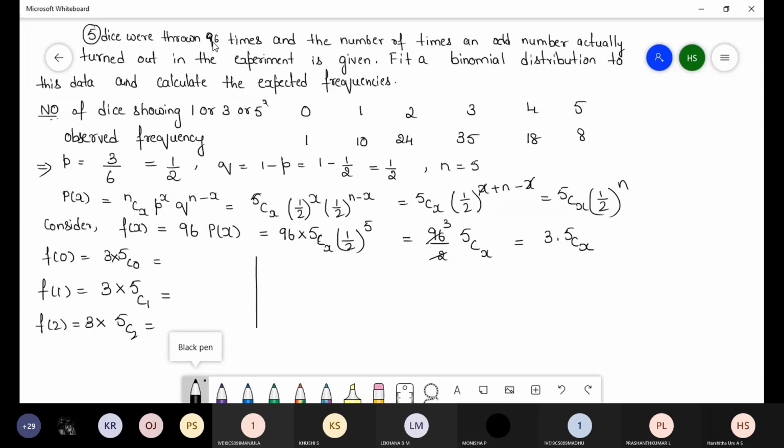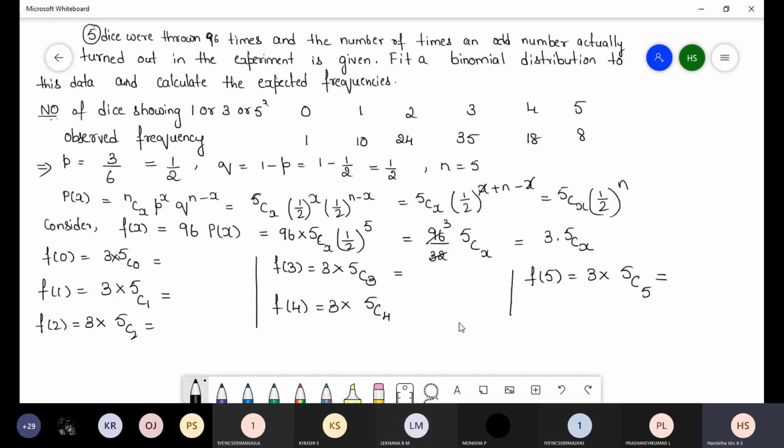Next, f of 3 is 3 into 5C3. f of 4 is 3 into 5C4. Last one, f of 5, that is 3 into 5C5. Yes, for f of 0 we get 3. Then for f of 1 we will get 15, for f of 4 15, and for the last one f of 5 is 3.